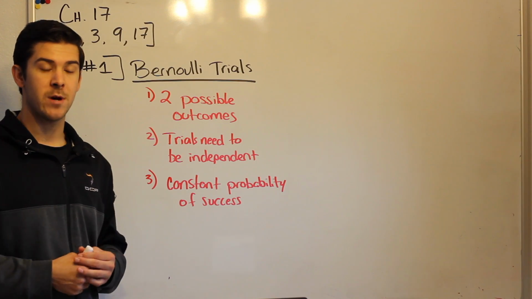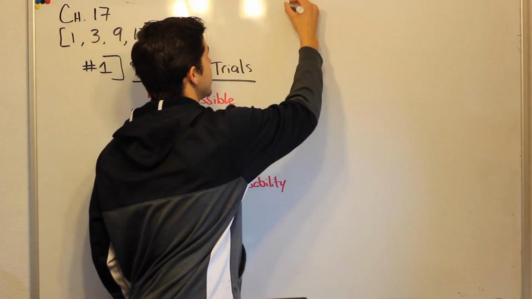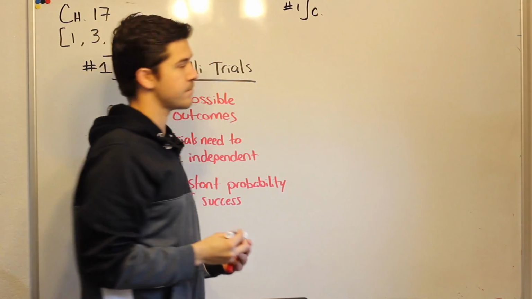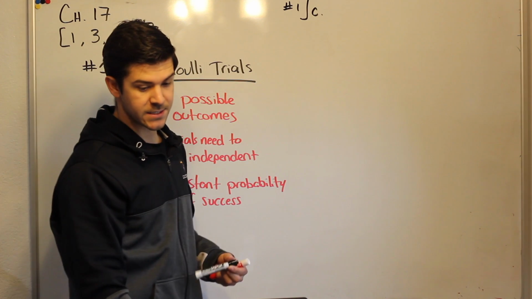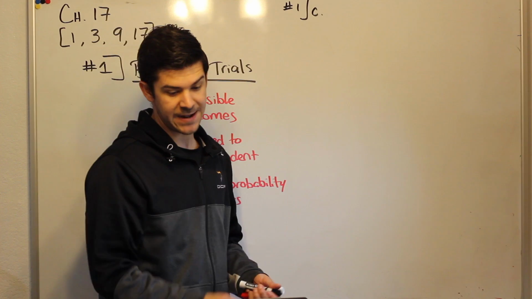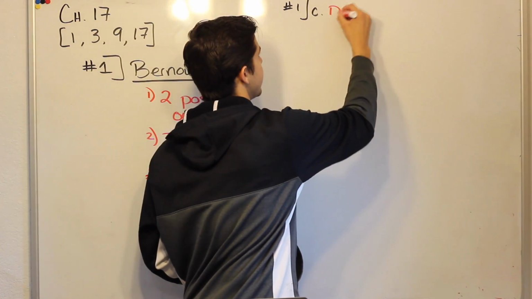For the purpose of number one, I specifically want to talk about part C. Part C discusses the importance of dealing cards. In fact, it says they want to deal 7 cards from a deck.